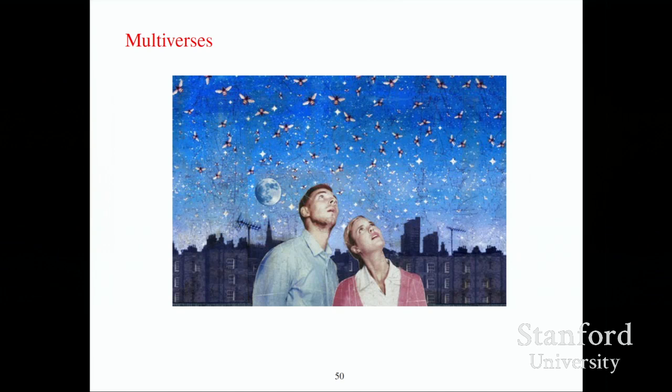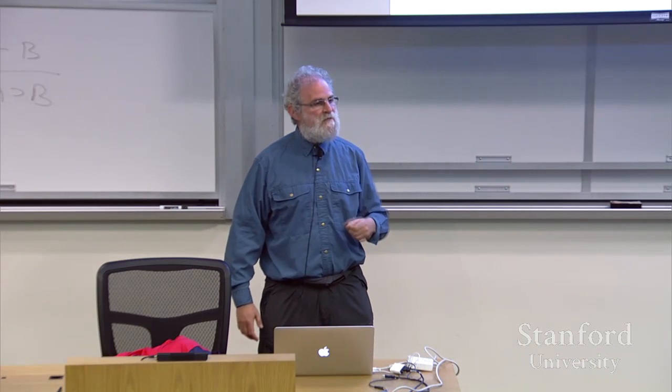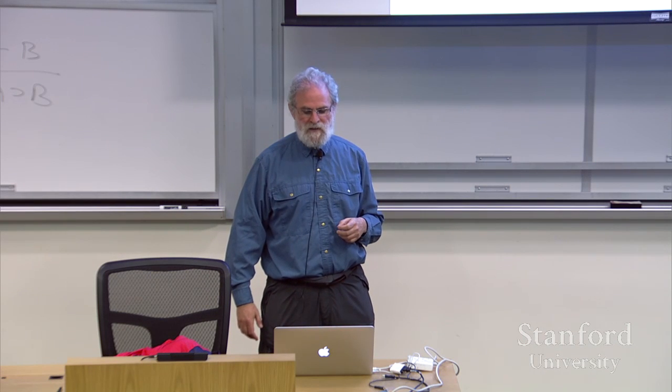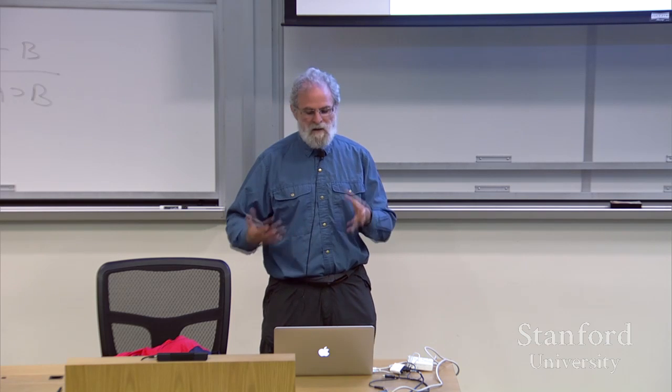Well, maybe there are lots of universes, and in most of them matter doesn't cohere. We happen to be in one of the ones where matter does cohere because we're here to see it. So the fact that the universe can be observed might explain why those constants have the values they do, or are in the range they are. So scientists actually make serious use of the idea of multiple universes.